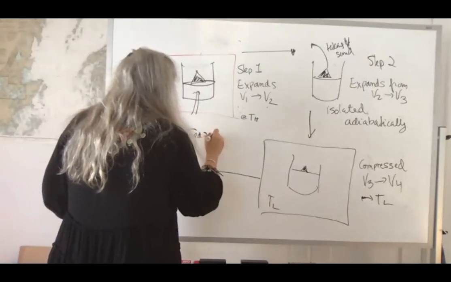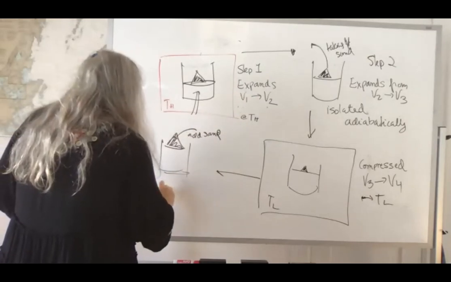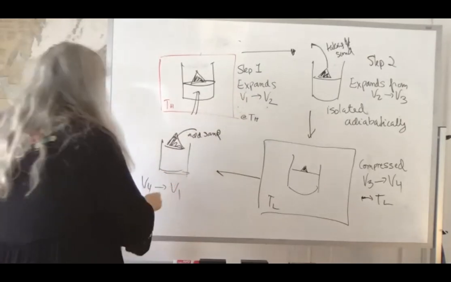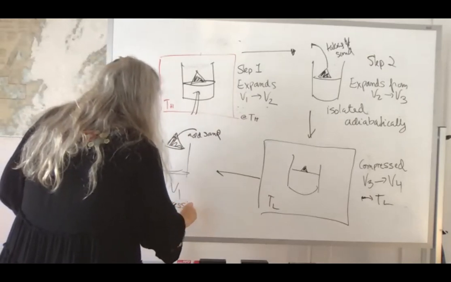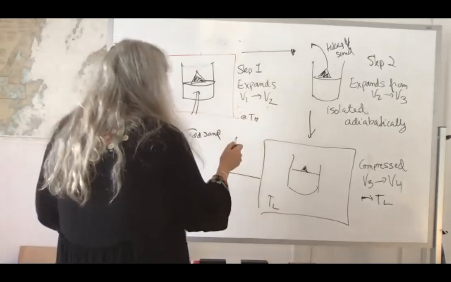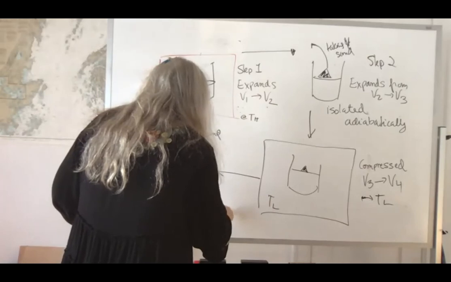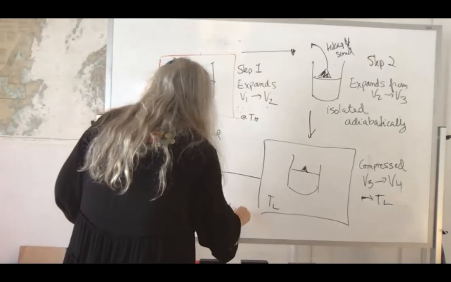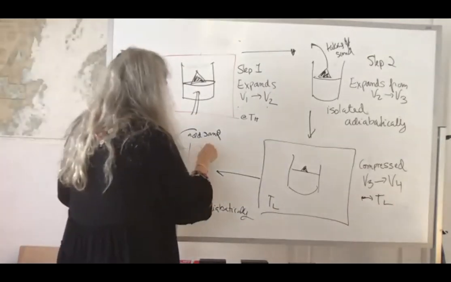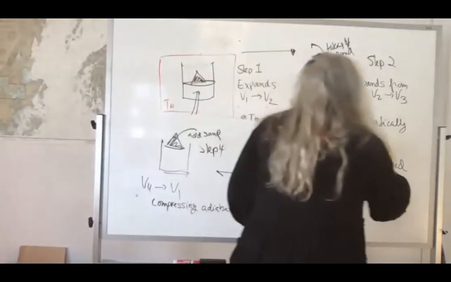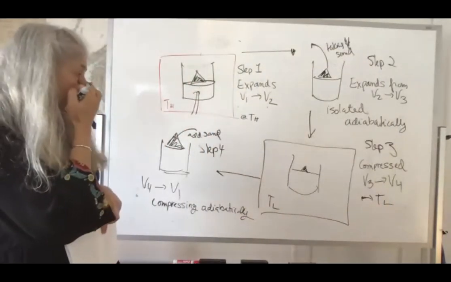Add sand, and now it goes back from V4 to V1, so it's compressing, and it's adiabatic. So this is step 4. Those are the 4 steps of the Carnot cycle.